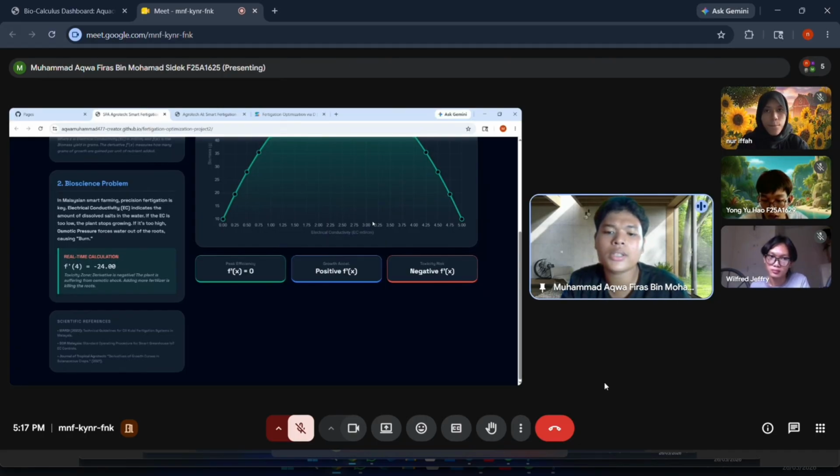This would transform the application from a static educational tool into a live decision support system that could automatically trigger an irrigation pump when the derivative indicates the plant has reached the optimal zone.